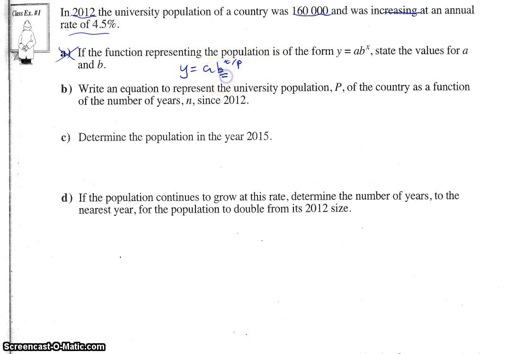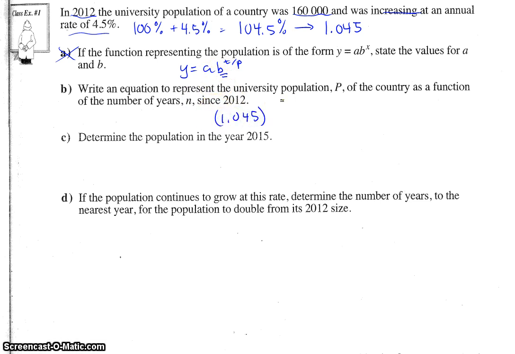The difference on this one is b, because we're talking about a percent. If we're increasing at a certain percent, think of it as 100% plus 4.5%, which is 104.5%. If you change that to a decimal, that would be 1.045, so divide by 100 to get it out of percent. So that tells me that my B value is going to be 1.045.